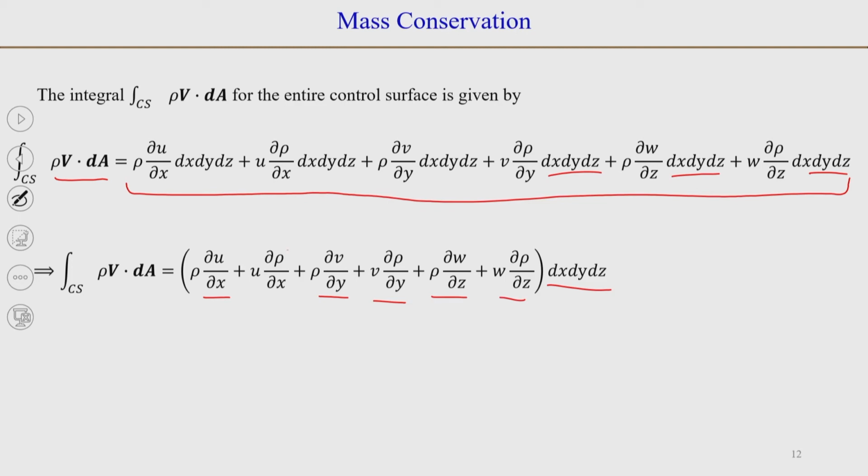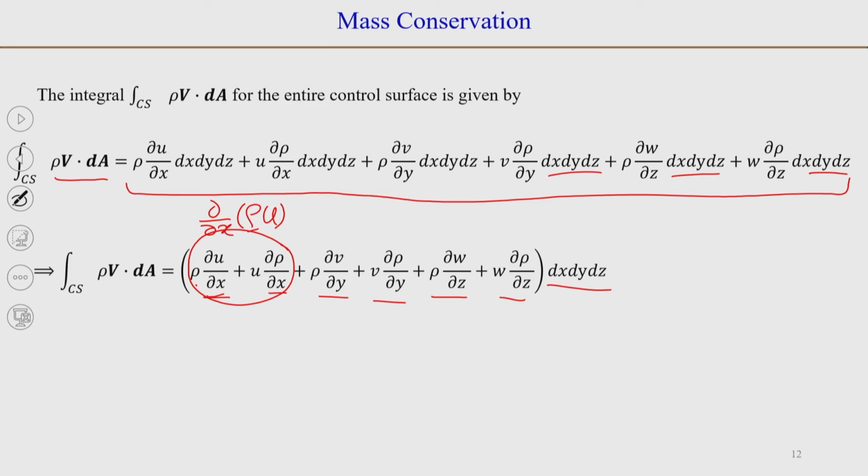Okay. So, let us look at the first 2 terms here, and that is nothing but when you expand ∂/∂x of ρu. The first term, when you expand it, is the product of this differentiation. You will take ρ as it is and the differentiation of u, so ρ ∂u/∂x plus u ∂ρ/∂x.